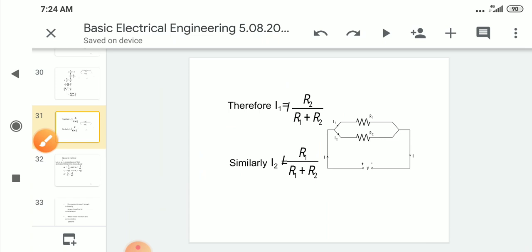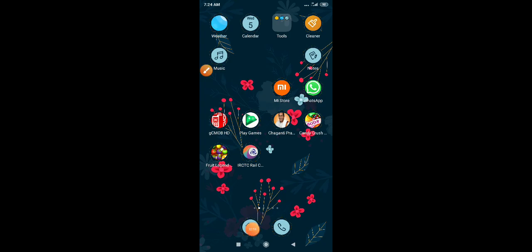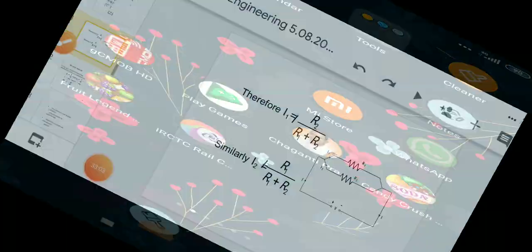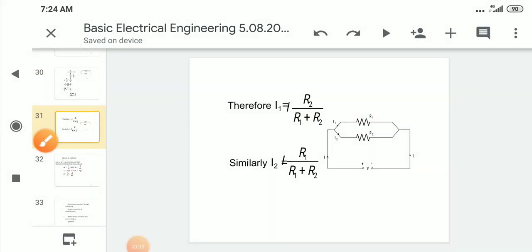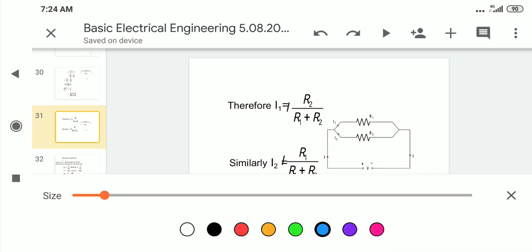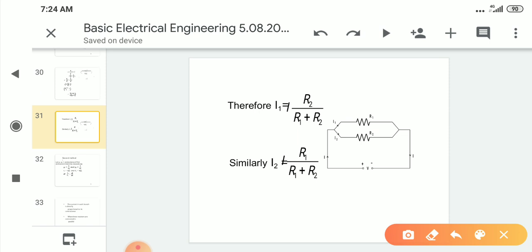See, for I1 its opposite resistance is R2.